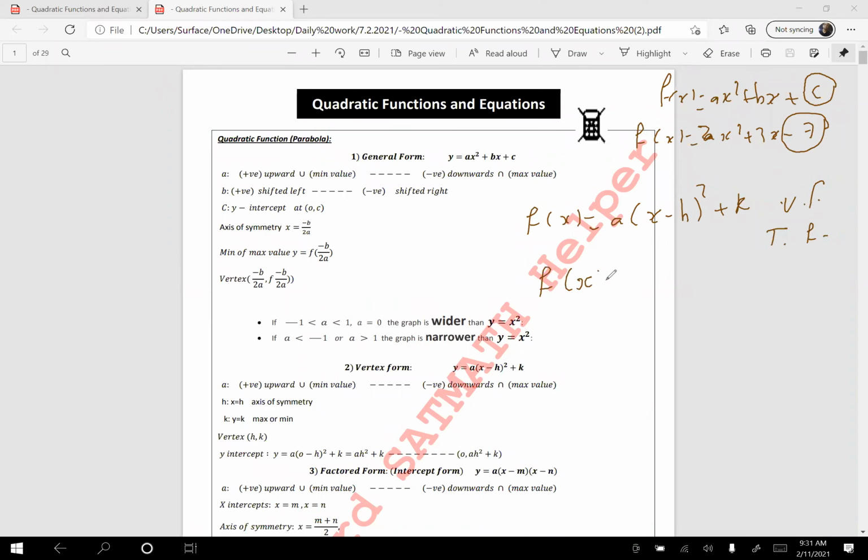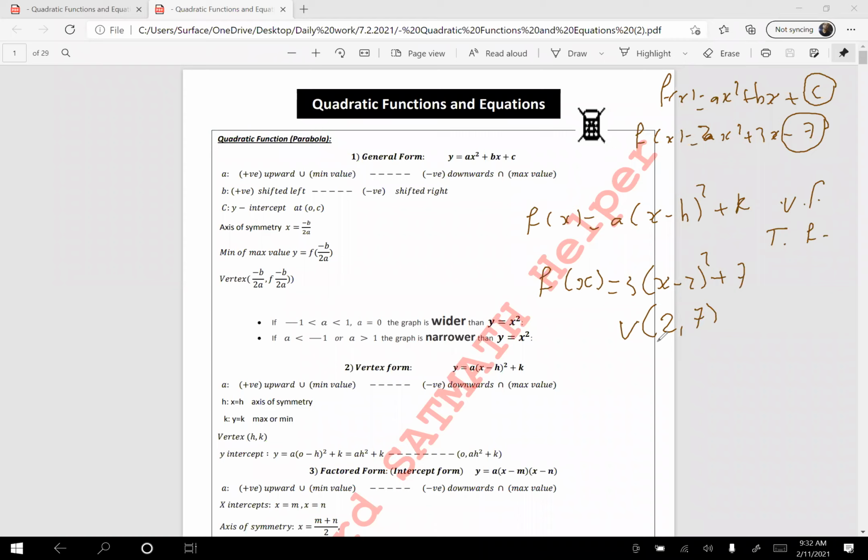For example, if you have f of x equals 3 times (x minus 2) all power 2 plus 7, then the vertex will be (2, 7). Okay? So this form is called vertex form, or minimum or maximum value form, or transformation form.